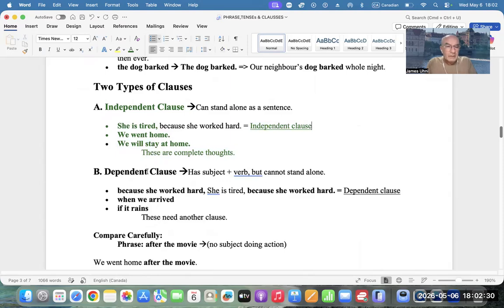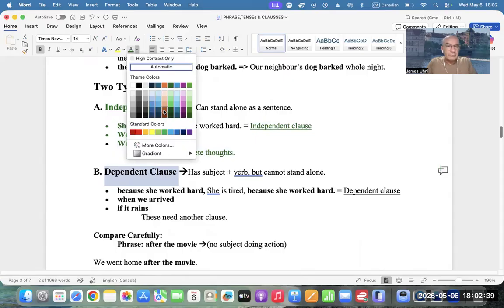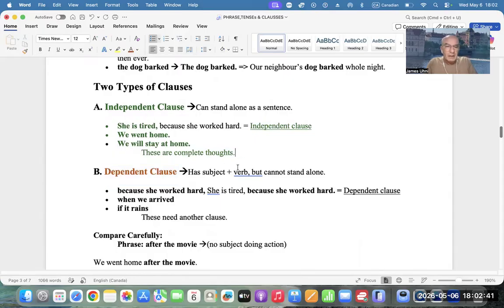Now we have the dependent clause. Dependent clause, and I will make it brown. It has subject plus verb, but cannot stand alone. Okay? This is very important. You know what? I will underline this part because it's very important.